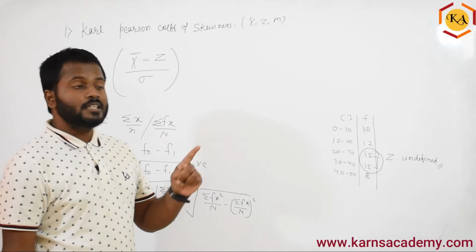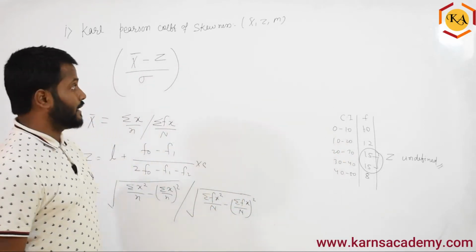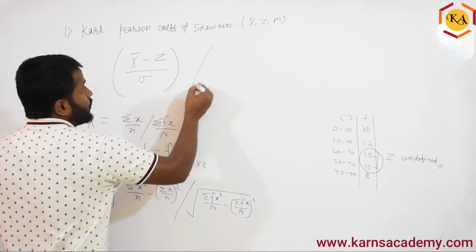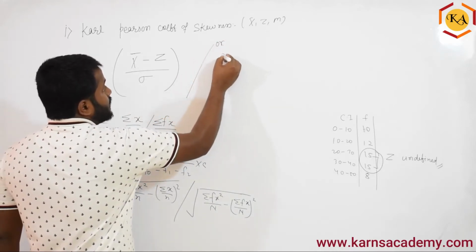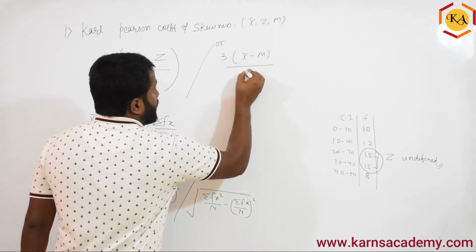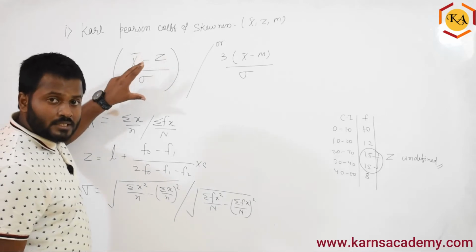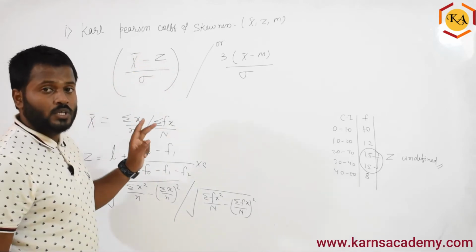Only in the condition where the mode is not defined based on the data, you are going to use 3 into mean minus median by standard deviation. Remember, the first formula is the earlier one. First you check whether mode is defined or not.